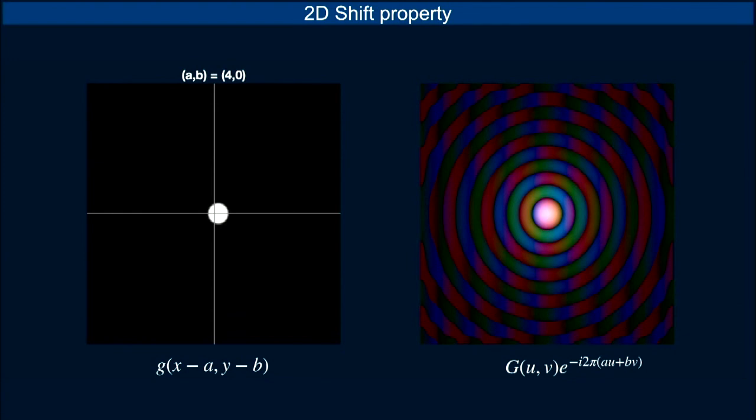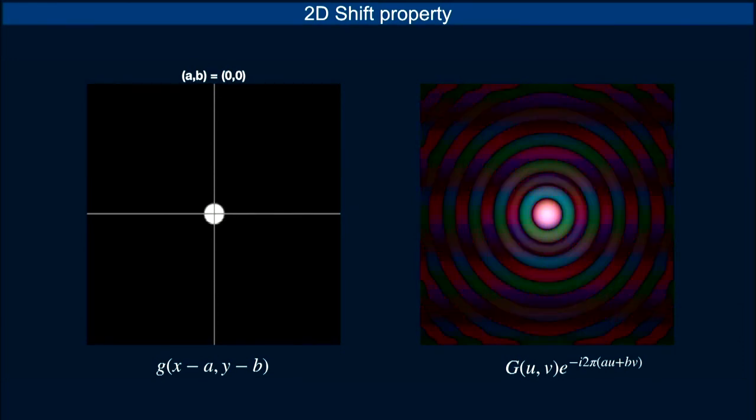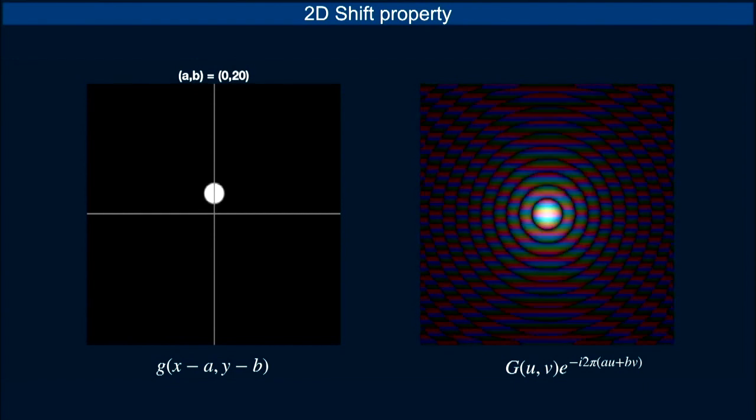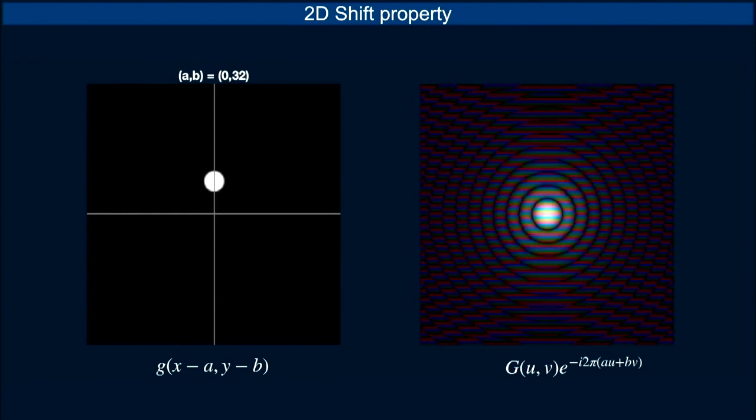That's where this phase factor starts to apply. And if I shift now in the vertical direction, you can see again the colors are shifting in the vertical direction. And that's because I have a non-zero b, which is multiplying the v, the vertical coordinate in the Fourier plane.